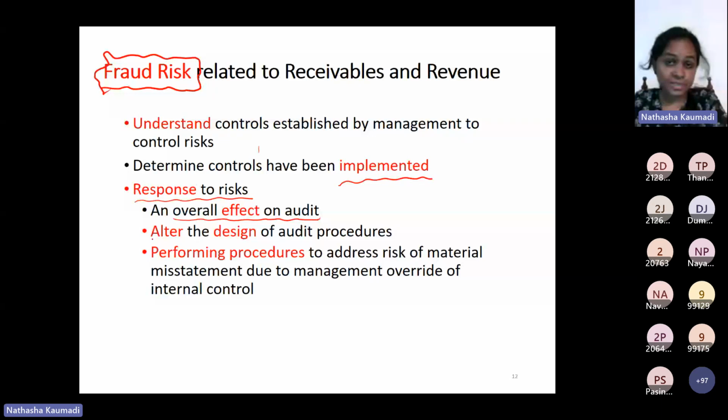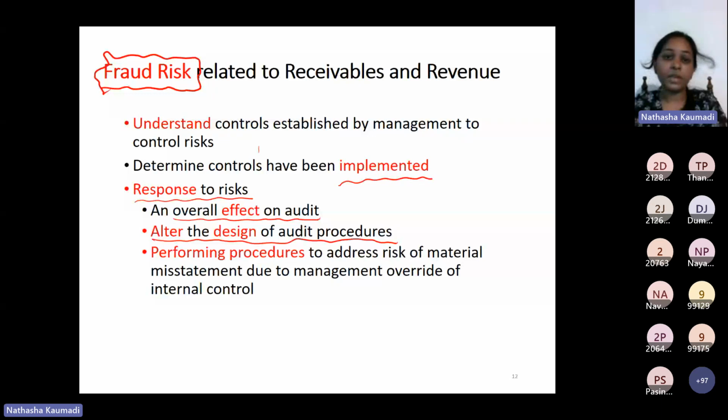When you realize the fraud risk is very high, then you will have to change your audit procedures. Previously, you thought of doing inquiry and analytical procedures and everything. But now the fraud risk is very high. You will have to increase the sample size. Not only that, you will have to do more and more audit procedures.